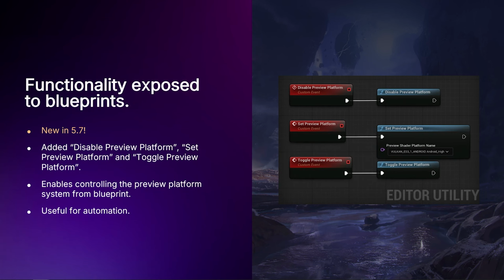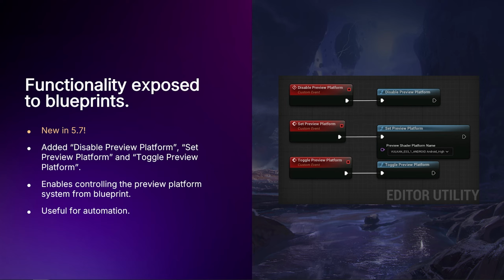Another nice functionality and quality of life improvement is exposing the preview platform to blueprints. So in 5.7, we added 3 new blueprint nodes that you can use: the disable preview platform, the set preview platform, and the toggle preview platform.